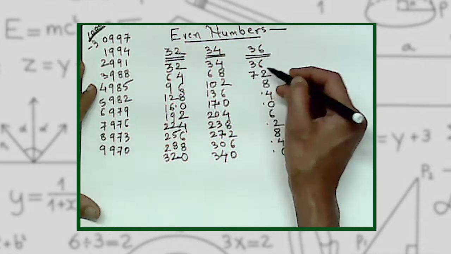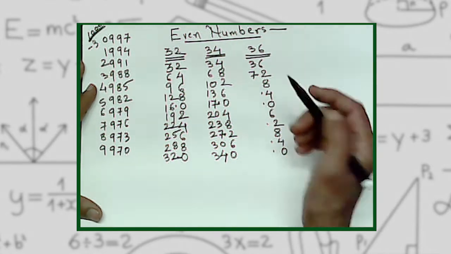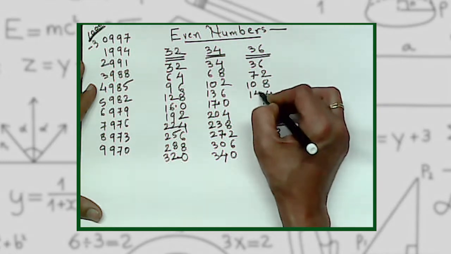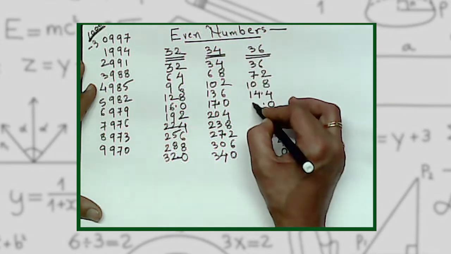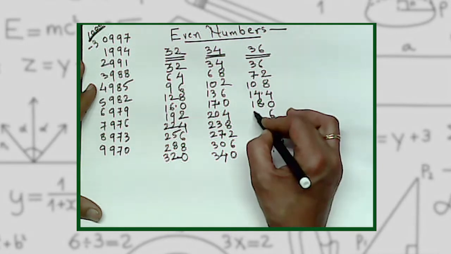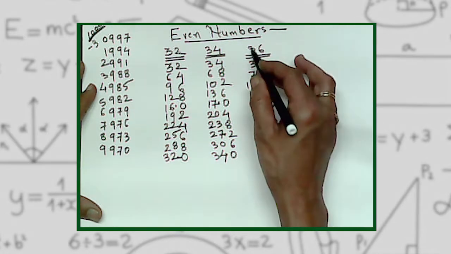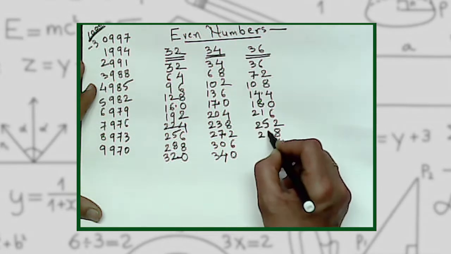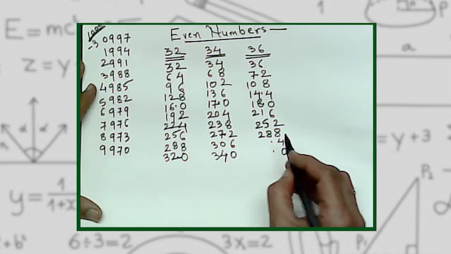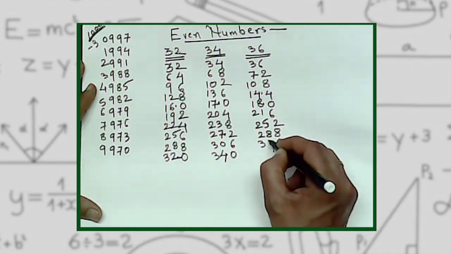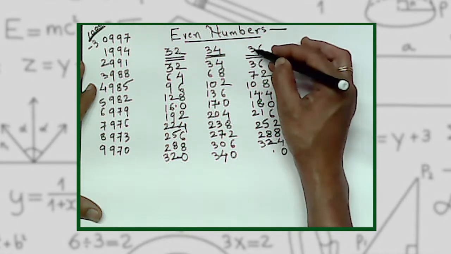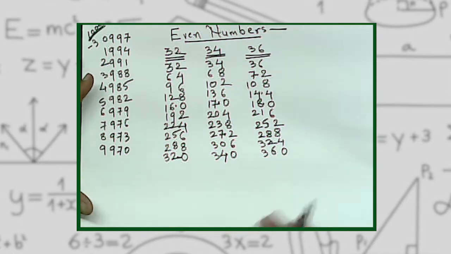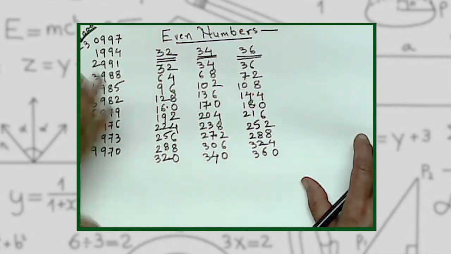We are going to add this point everywhere as 1. 7 plus 3, 10, 10 plus 3, 13 and 1, 14, 14 plus 3, 17 and this point, 18, 18 plus 3, 21, 21 plus 3, 24 and point, 25, 25 plus 3, 28, 28 plus 3, 31 and this point, 32, 32 plus 3, 35 and this point, 36. All these methods are time saving methods.